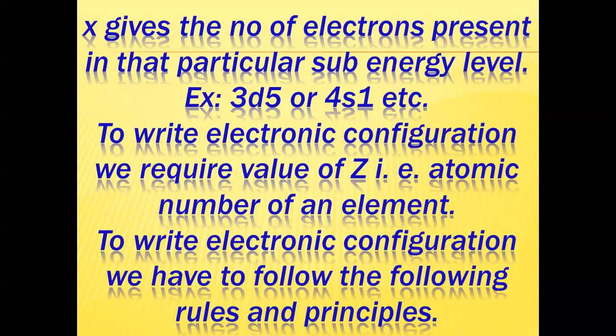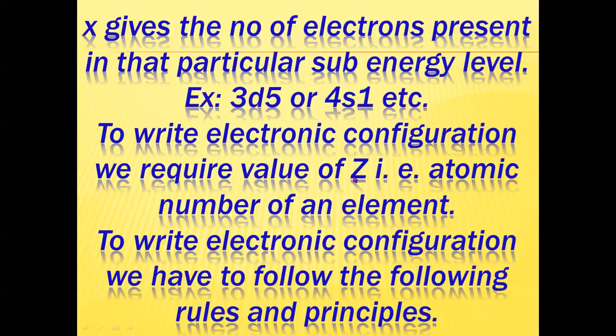Here, there is an example like 3d5, 4s1, meaning there are 5 electrons in the 3d sublevel and 1 electron in 4s. Now, to write electronic configuration, we need the atomic number or Z of an element.